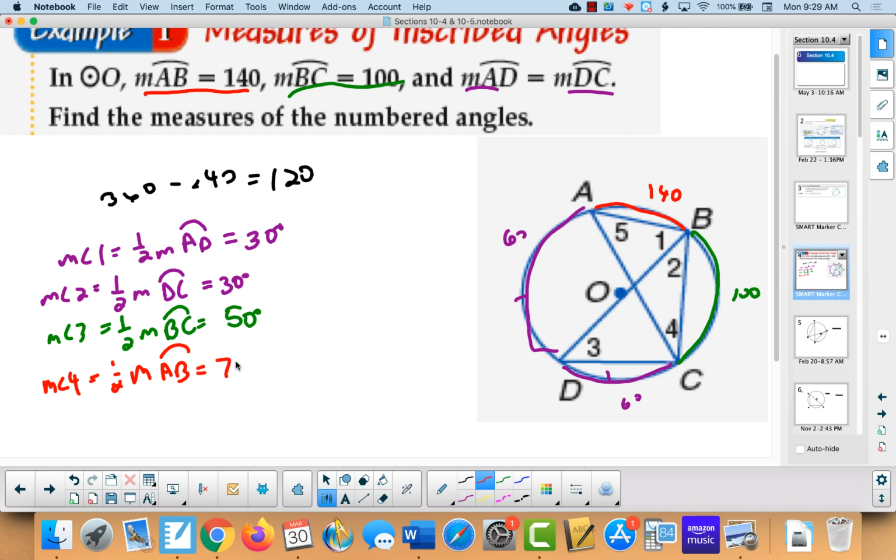So that's going to be 70 degrees. And angle 5 is also intercepting arc BC. So it's also going to be 50 degrees.